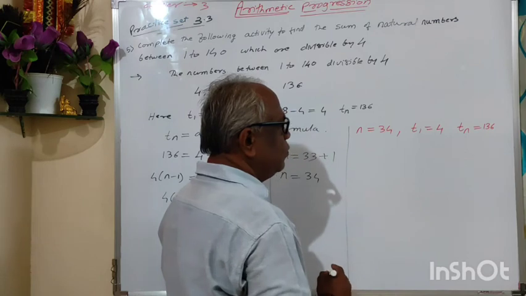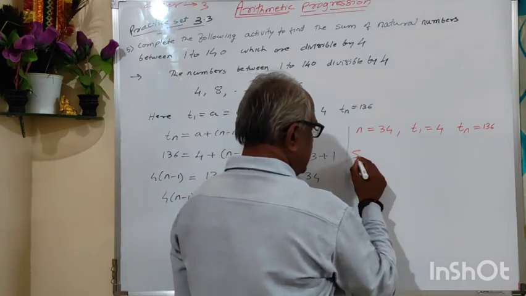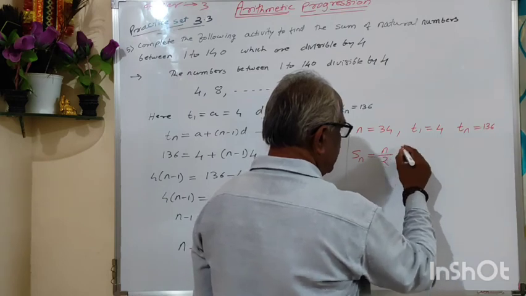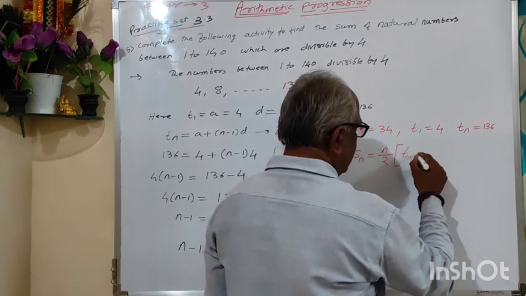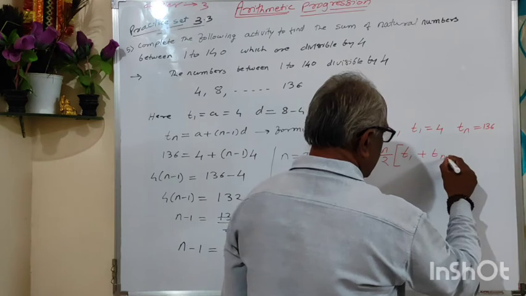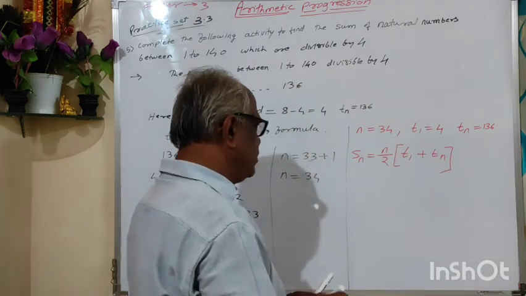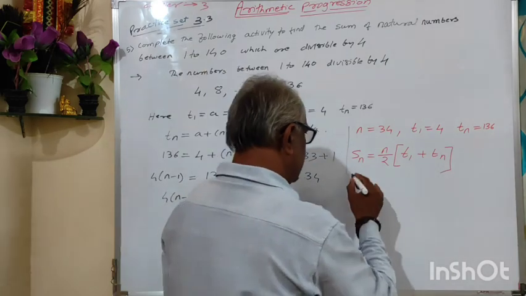So here Sn is equal to n upon 2 in bracket T1 plus Tn. By using this formula also we can solve now. You can put the values now, n is 34.